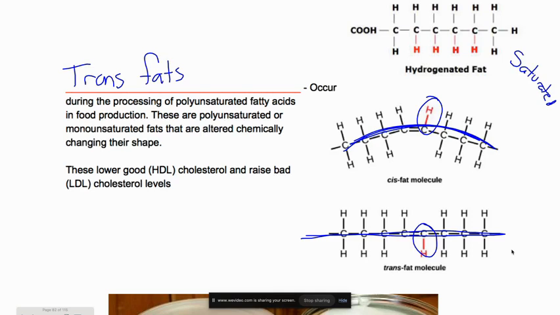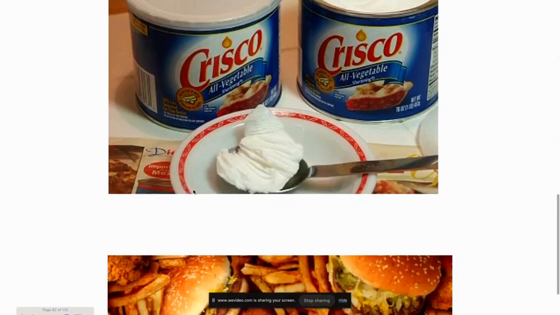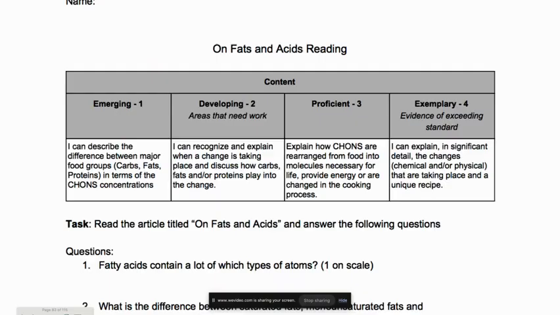They stack up, therefore they're more solid, and we get them solid at room temperature, like butter or bacon fat. Trans fats are generally really bad for you. They lower your good cholesterol and raise your bad cholesterol. So just be aware of those.